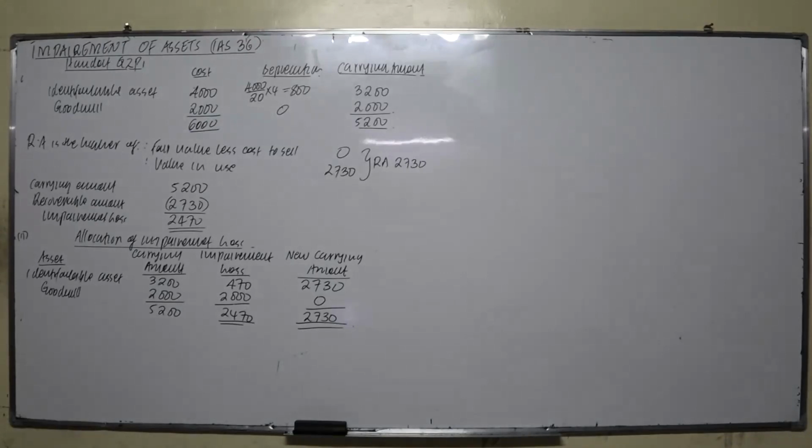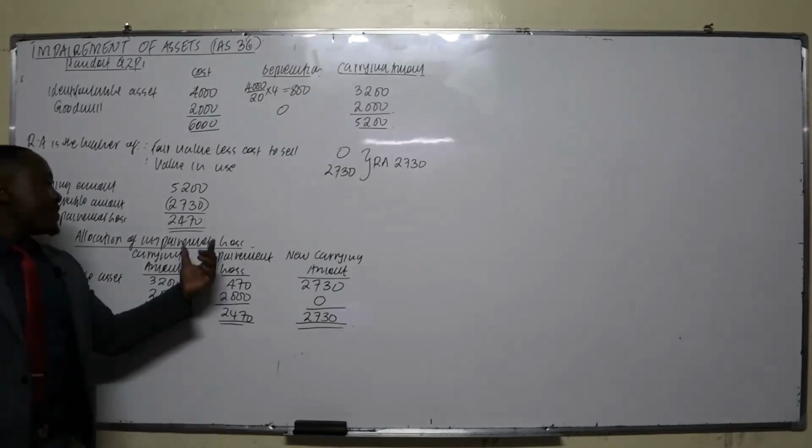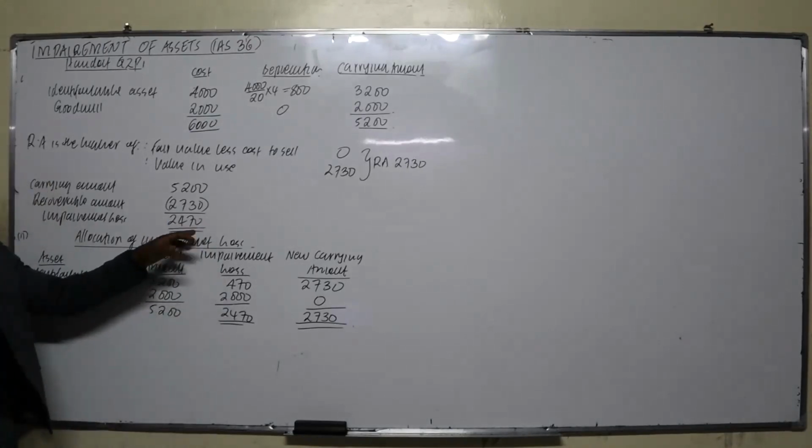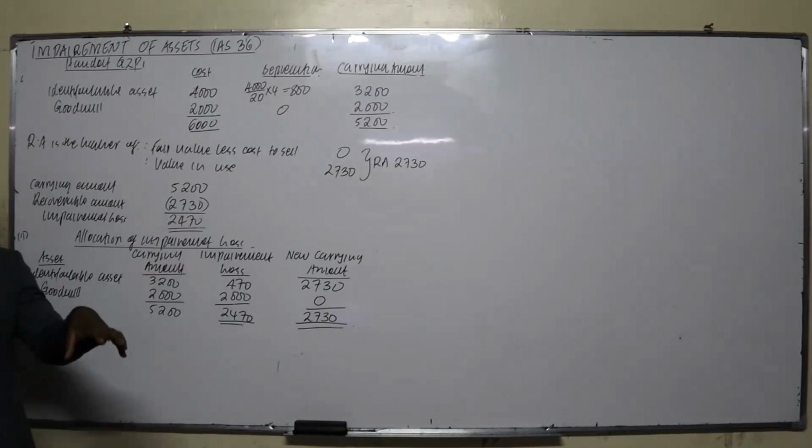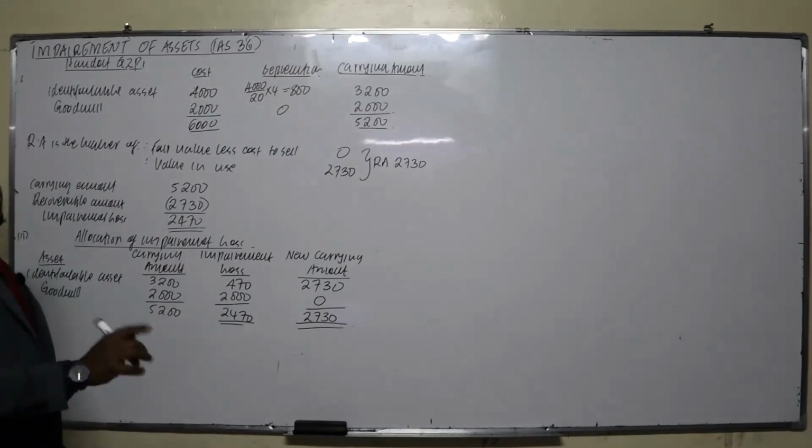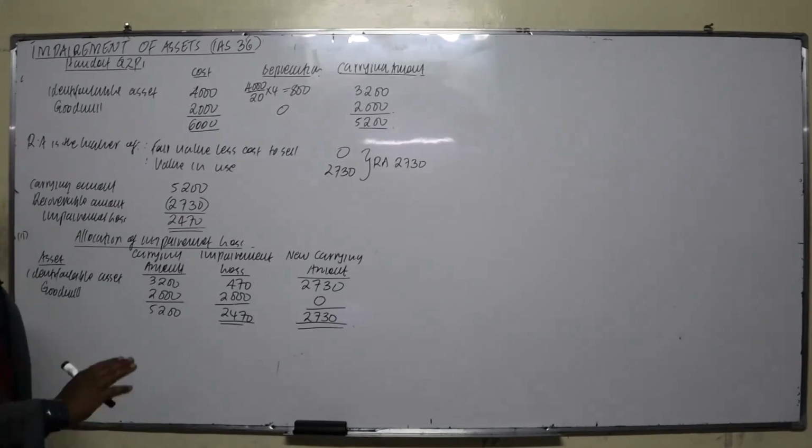Someone is requesting that I repeat on the process of allocation. Where did I get 470? Now listen here, for those who never listened. The impairment loss was 2470. We said that when allocating the impairment loss for a CGU, first of all, write off any goodwill.